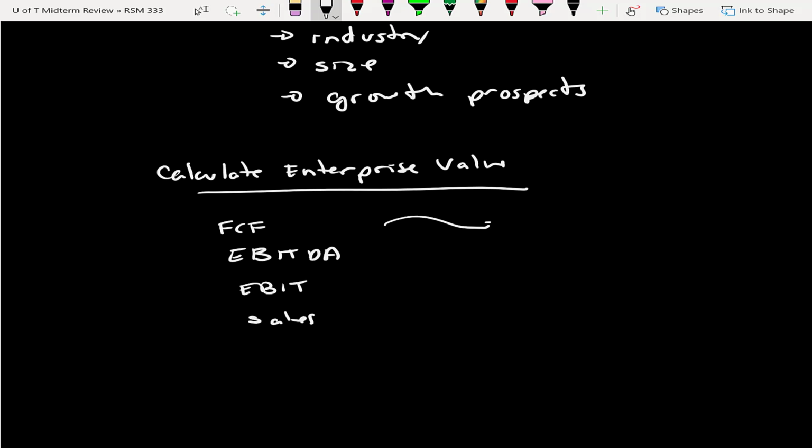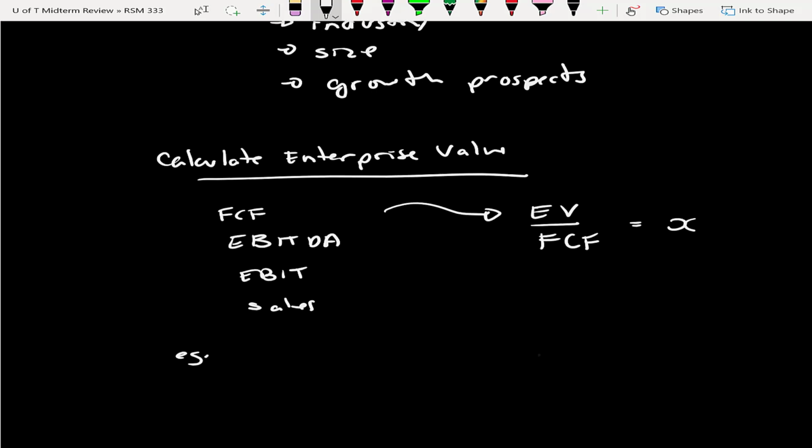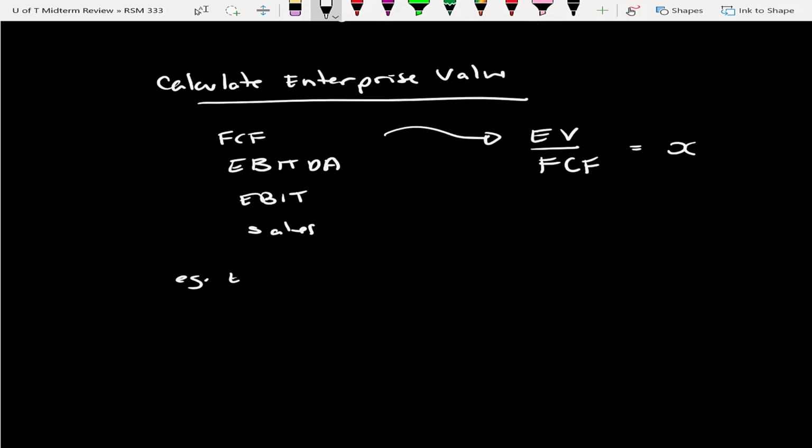An example of this would be, you would take the enterprise value of a firm divided by free cash flow, and that gives you X. Okay. So let's say your EV to free cash flow is 5.0 for a competitor, and you deem this to be a competitor that's very similar to yours.